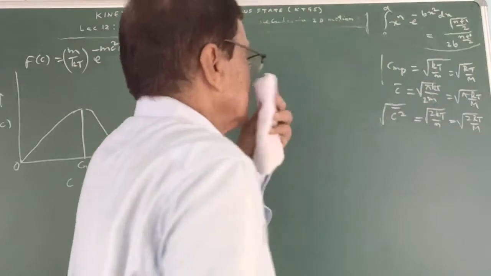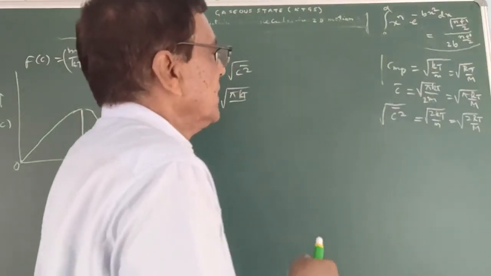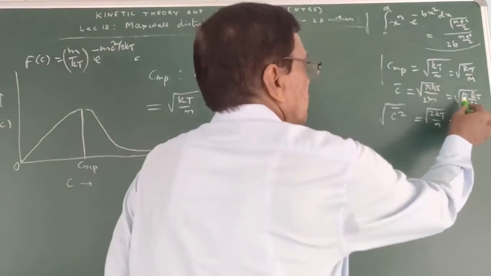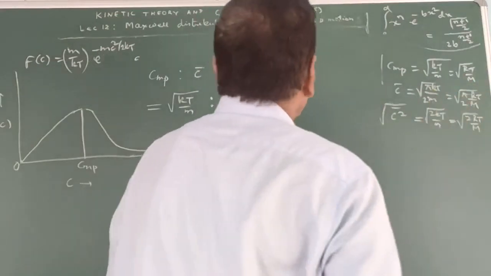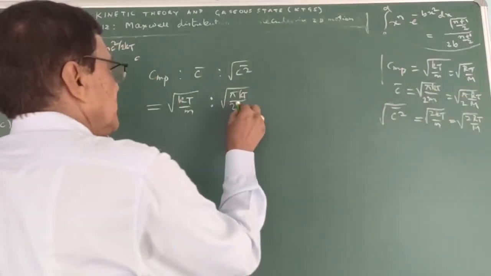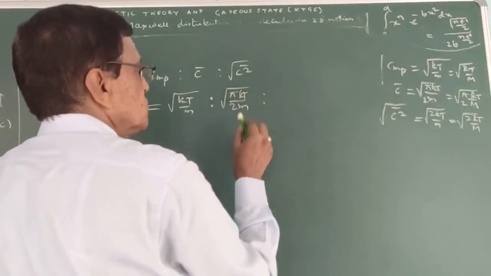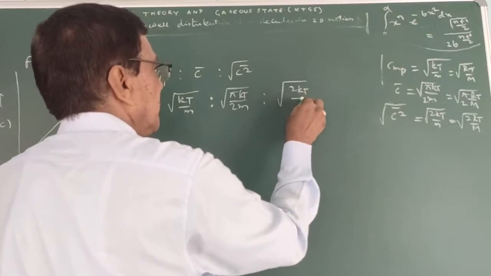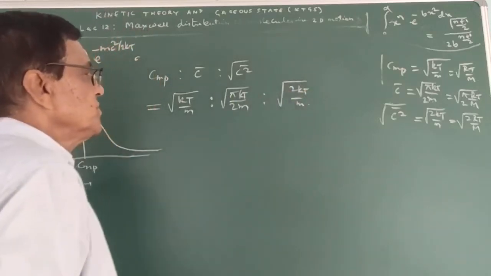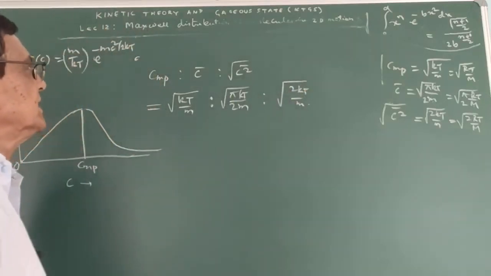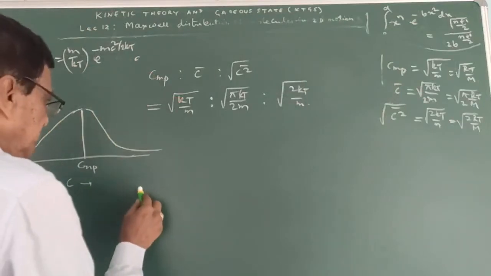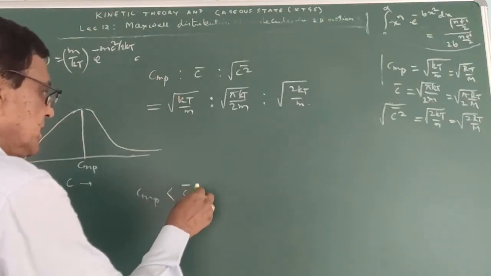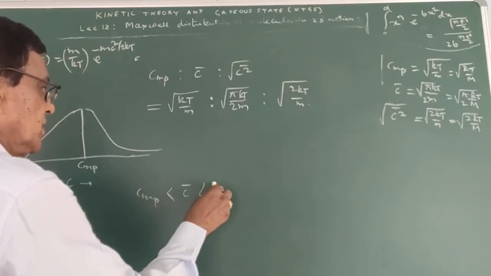In some calculations, mistakes may happen. So naturally you can see C_MP is less than C bar, and less than root over c square bar.